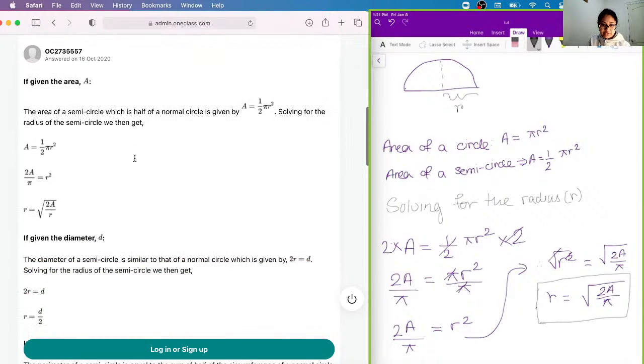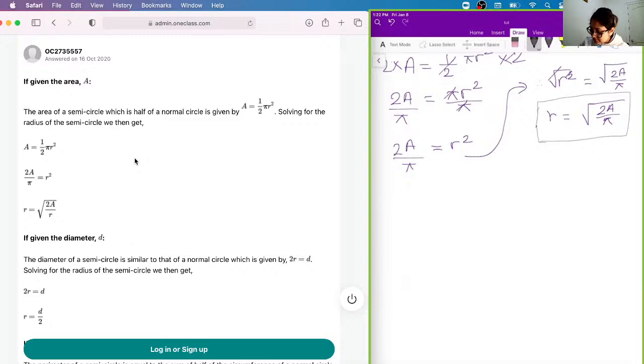However, if you're given the diameter, we can also find the radius. So in this case, we would draw a semicircle again. Basically this whole horizontal line here represents the diameter.